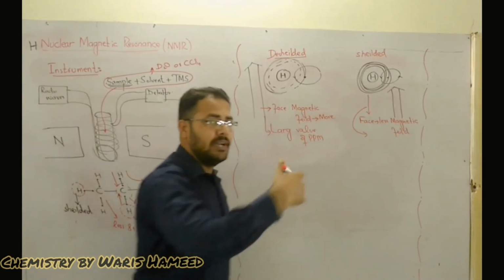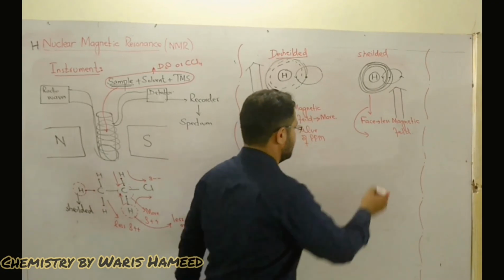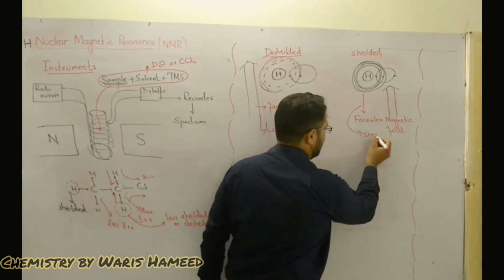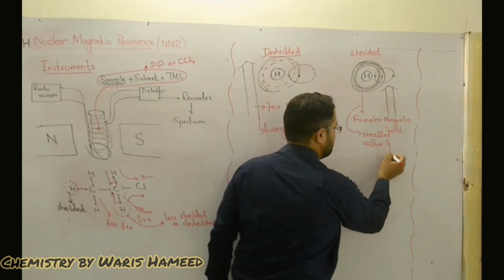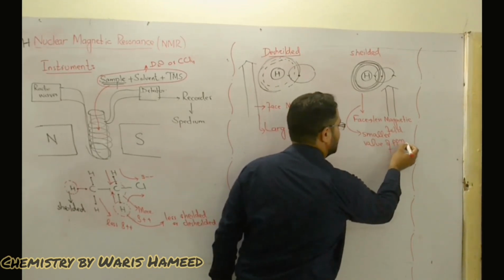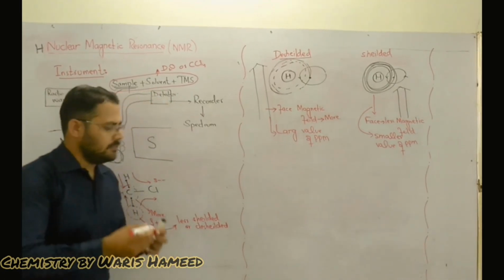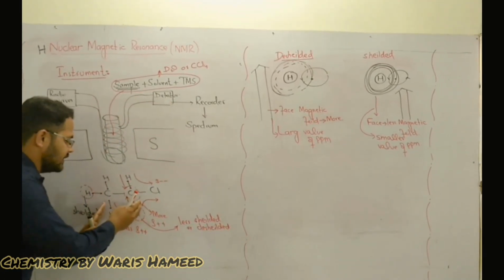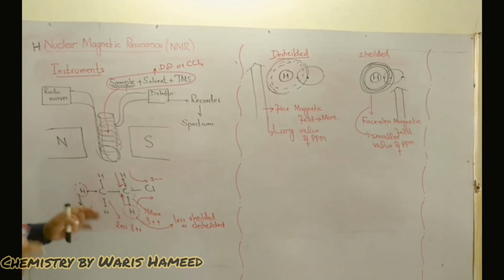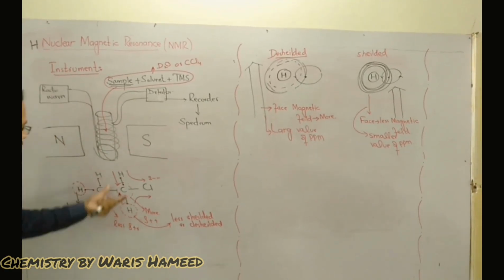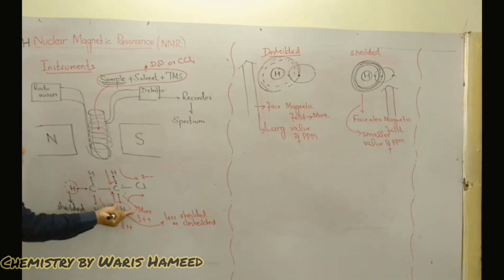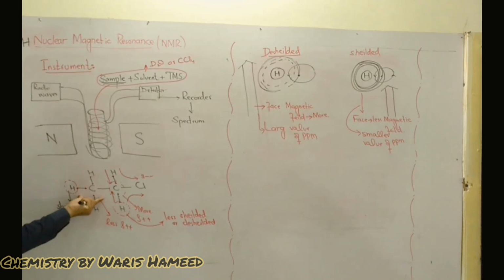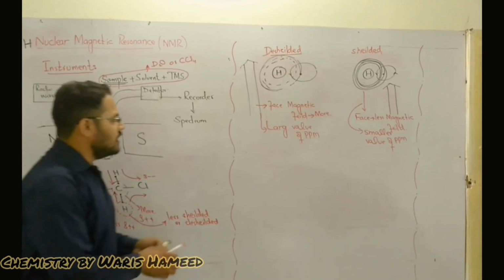Its value will be greater and its value will be smaller, a smaller value of ppm, parts per million. So in this case, when we draw the spectrum, these protons, these hydrogens are always drawn after this proton. Now I am going to draw the graph.